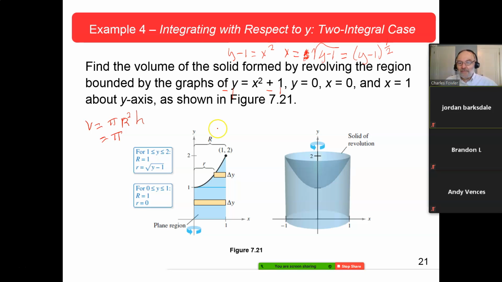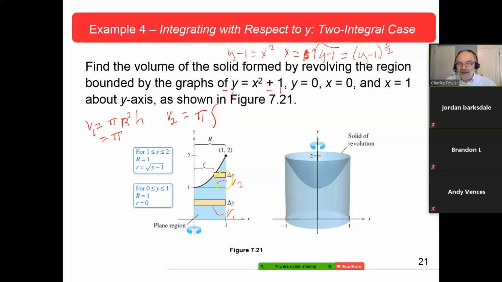Now, the part up here though, that's going to be something a little different. That part up here, you will need your washer method there, and I'll call this V1 here, and V2 is the part here. This is V1 here, V2 up here. This will be, pi, I'm sorry, the integral.